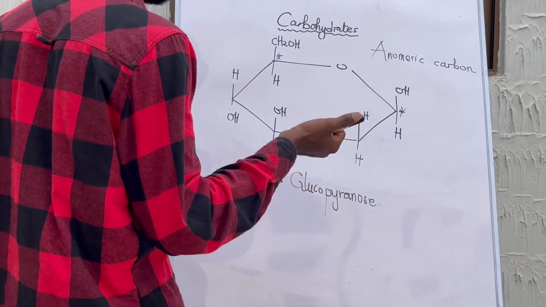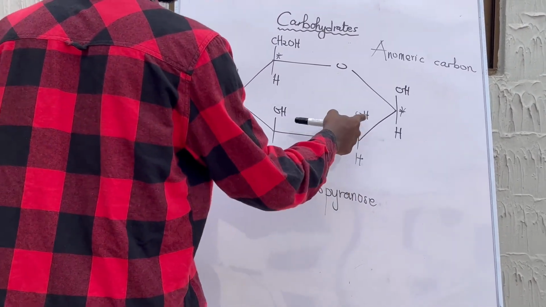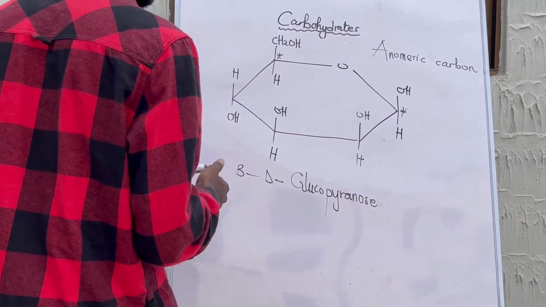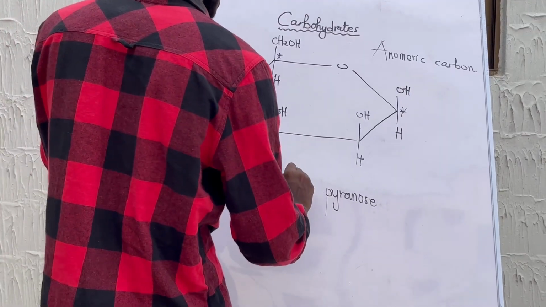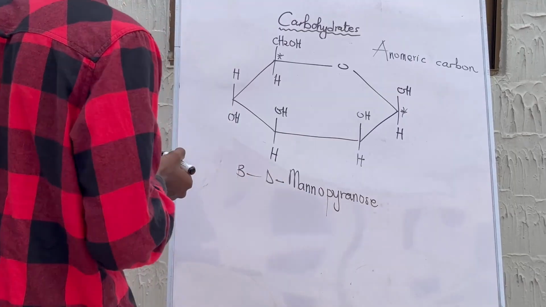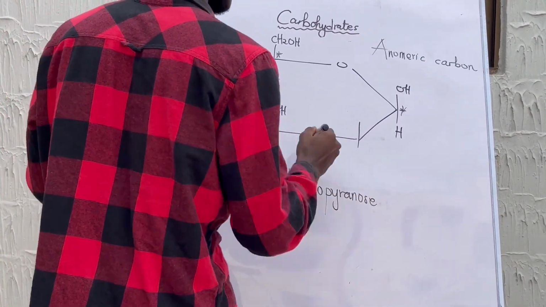That will be mannose, because the other one that we drew was glucose, and now there's a change in configuration of glucose at carbon 2, so it changes into mannose. So this one will no longer be called glucose or gluco, but we name it mannopyranose.